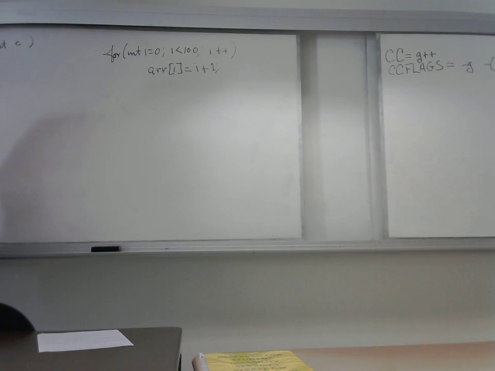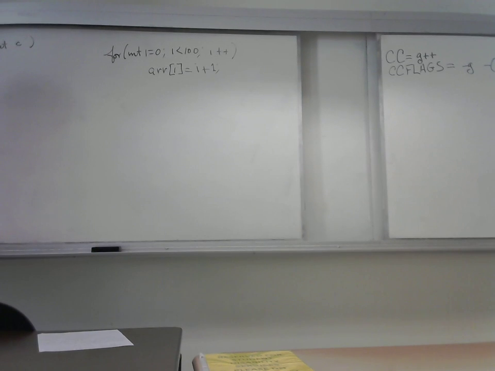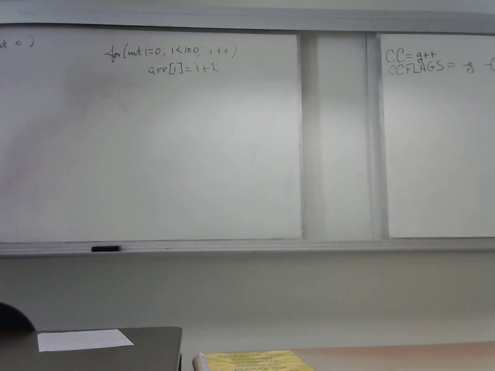So when we enter the for loop, the first thing it does is check to see if we're done yet. So there's a comparison with I and 100. So it checks: is I less than 100? If it is not, we're done. If it is, we keep going. So there's a test and a branch condition at the very top to see if we're done. Then there is the assignment.